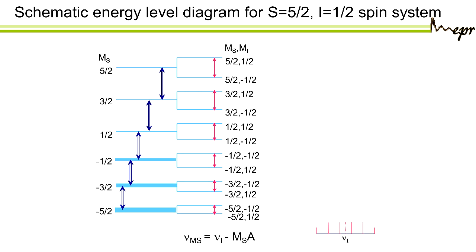So if you add them all together, you get these 6 ENDOR lines, right? Because we have 6 manifolds, and it's symmetric relative to the nuclear Zeeman.